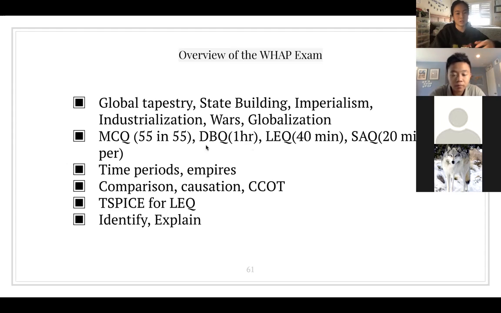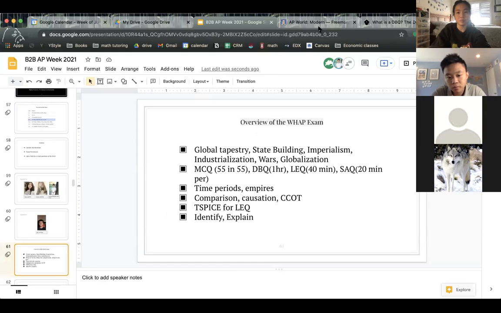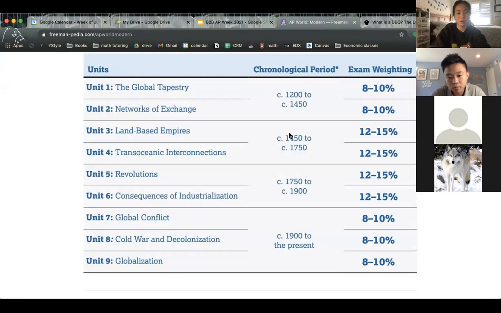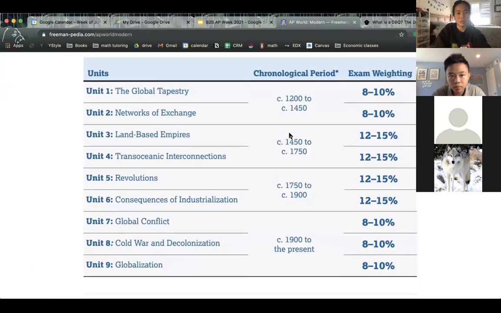And then let's go over time periods for MCQs. So this is the College Board's unit by unit time period, and then the weight it has on the exam.